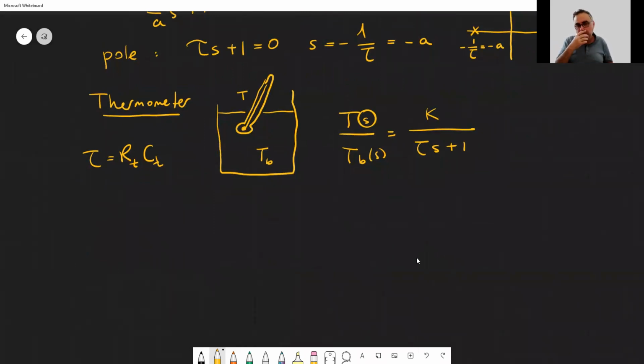We want to find the response of this system when the thermometer is suddenly inserted inside the bath, and we will assume the following, which might not be very realistic: assume that TB of t is 1 for t greater than 0.